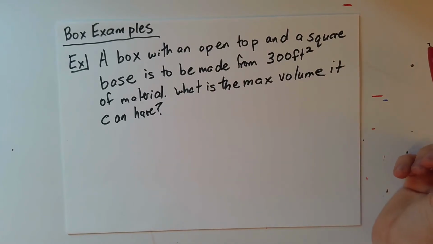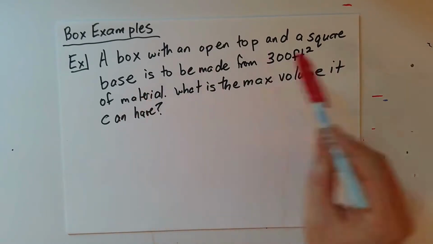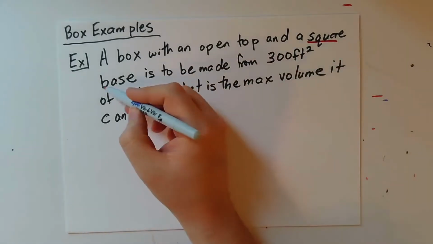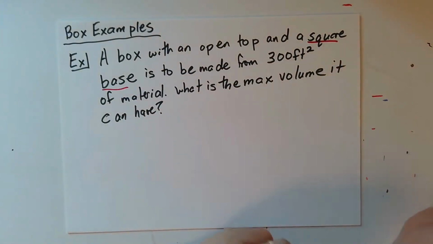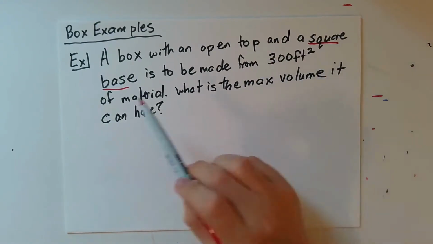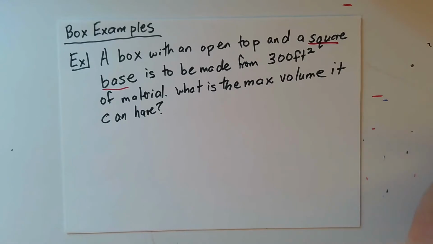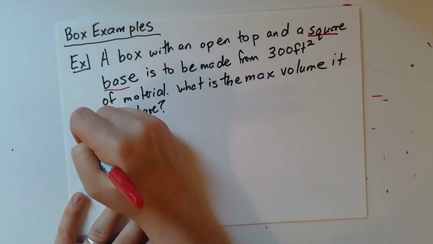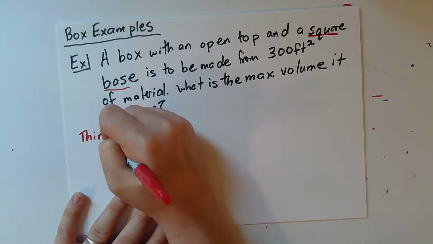So in this case, if you want to build a box with a square base, you're going to see that phrase a lot. That means the length and width are equal. It is to be made from 300 square feet of material. And so we want to know what's the maximum volume. So we have a thing to optimize.